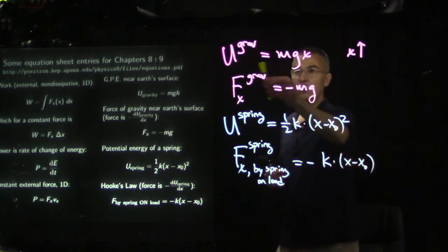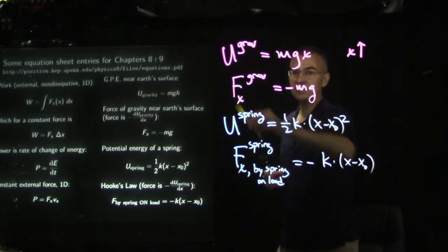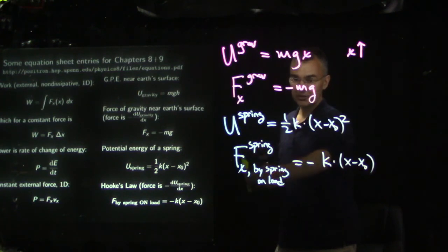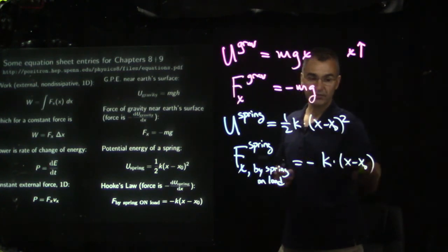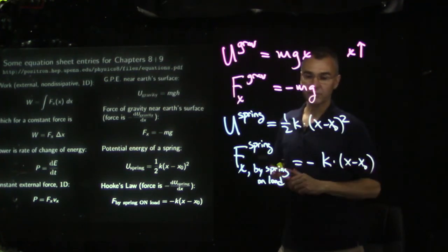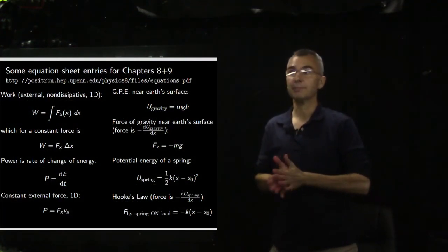So the force exerted by the gravitational force is minus mg in the x direction, where x points up because the force points down. The force exerted in the x direction by the spring on the load is minus k (x minus x relaxed). So in this case, x points to the right and that force points to the left if x is bigger than x relaxed. So that's all I have for chapter 9.